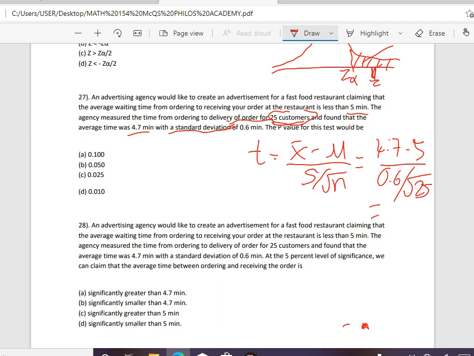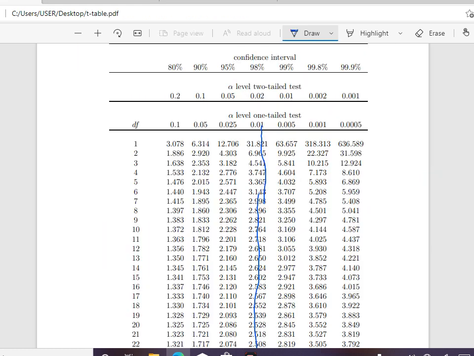When you compute this properly, you should get negative 2.5. So you go to your T table. Before you go there, you need the degree of freedom. Degree of freedom is equal to n minus 1, and your n is 25 minus 1, it gives you 24.